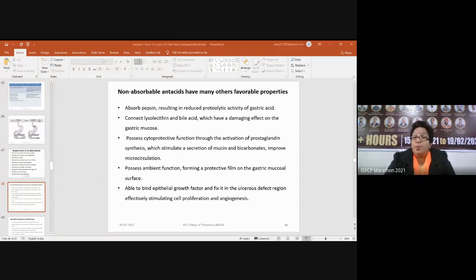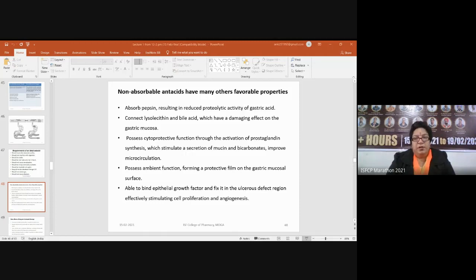Possess cytoprotective function through activation of prostaglandin. They should possess cytoprotective action through activation of prostaglandin synthesis, which stimulate the secretion of mucin and bicarbonates, improve microcirculation.